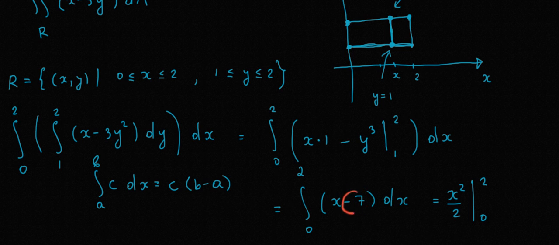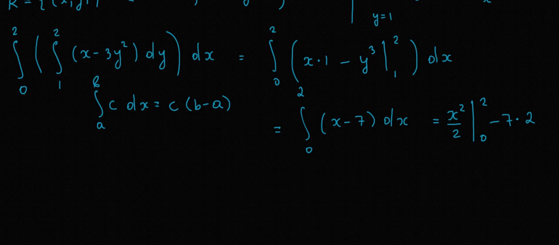And when you integrate a constant over an interval, the value of the integral equals that constant multiplied by the length of the interval of integration. So the integral of the second term will be equal to -7 multiplied by 2.